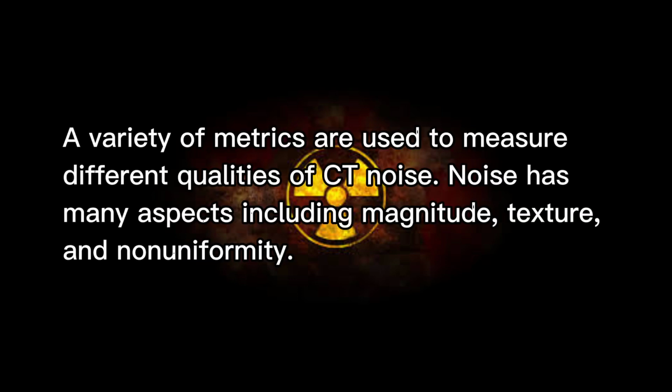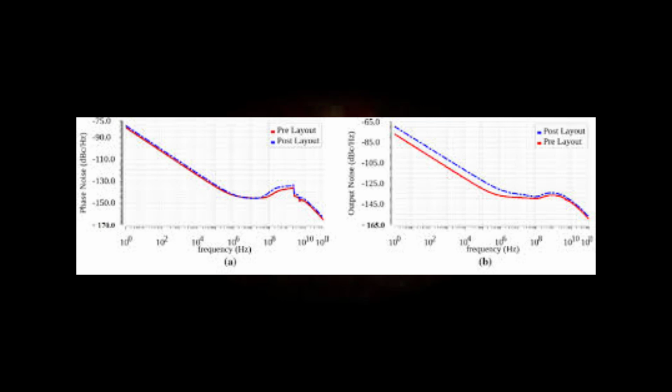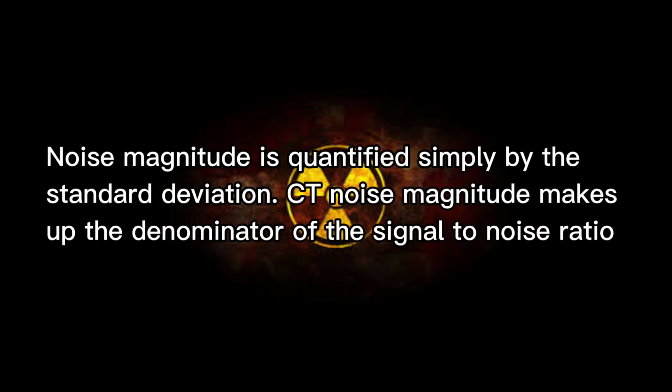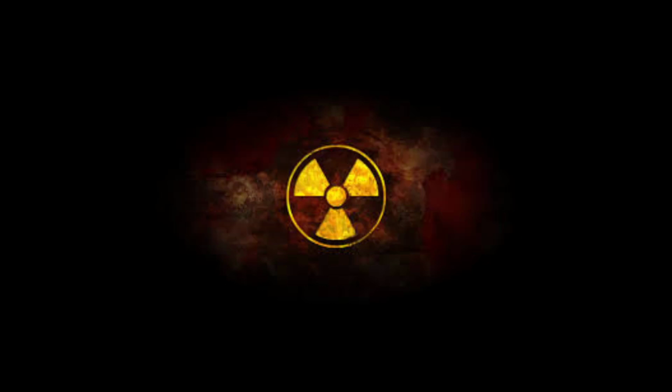A variety of metrics are used to measure different qualities of CT noise. Noise has many aspects, including magnitude, texture, and non-uniformity. Noise magnitude is quantified simply by the standard deviation. CT noise magnitude makes up the denominator of the signal-to-noise ratio.